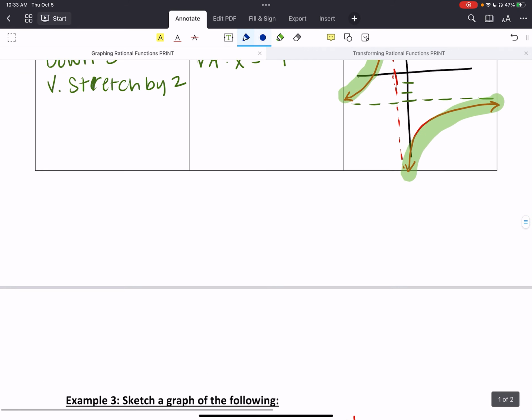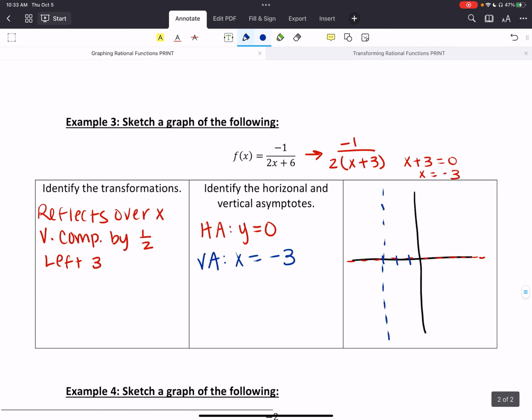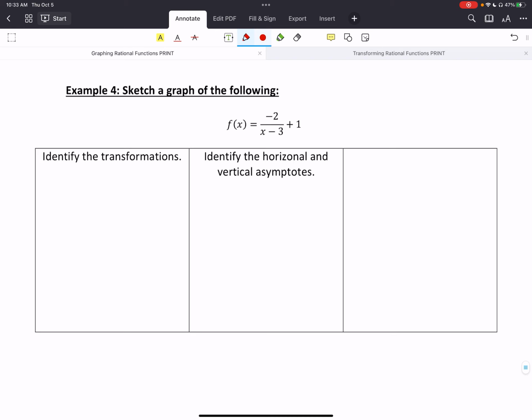So if you think back to example 2 when we stretched, it went away from where the asymptotes intersected, right? When we compress, we get closer to where they intersect. So I'm going to start here and get as close to that intersection point as I can. Keeping in mind that we are reflecting, so we have to start in the top instead of the bottom. So that is what our graph will look like. All right, pause the video, try example 4 on your own, and then unpause and we'll go over it.